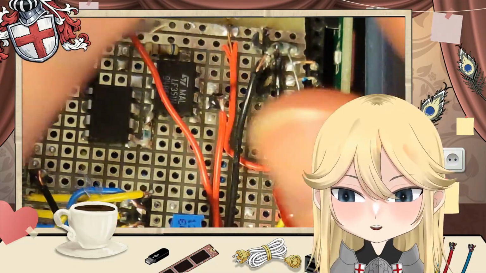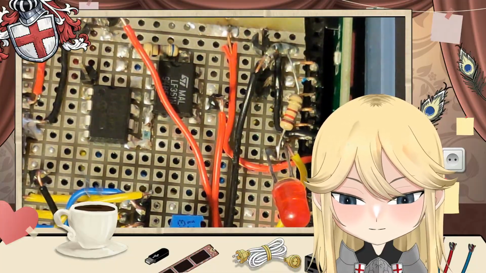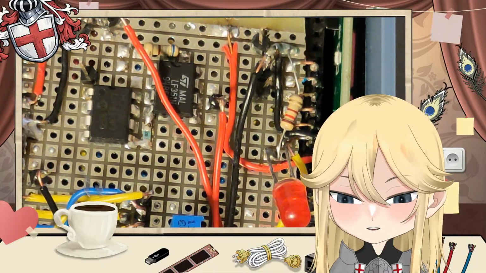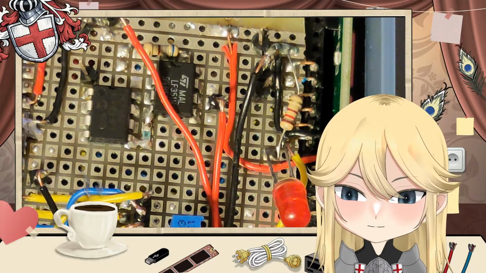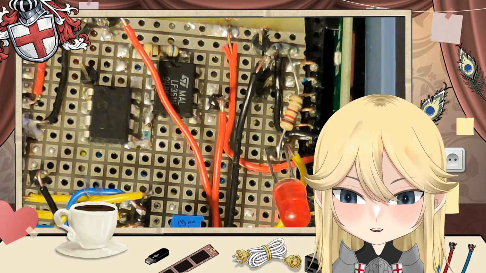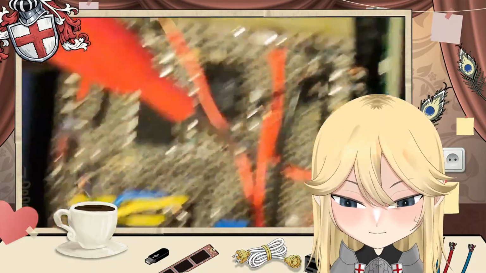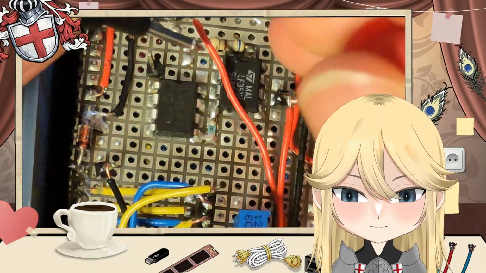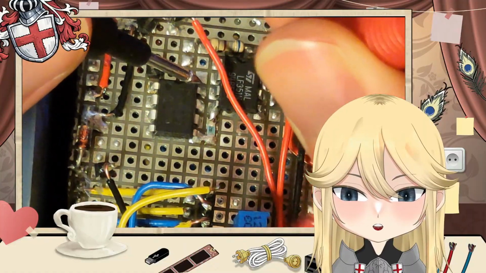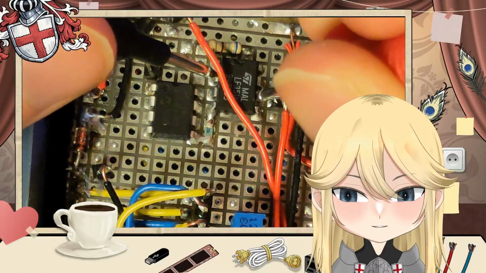Ah, these pins are... I'm on the wrong screen. Hold on, which pins was it? Yeah. I was right the first time. Who would have thought? Okay. This pin to this pin.